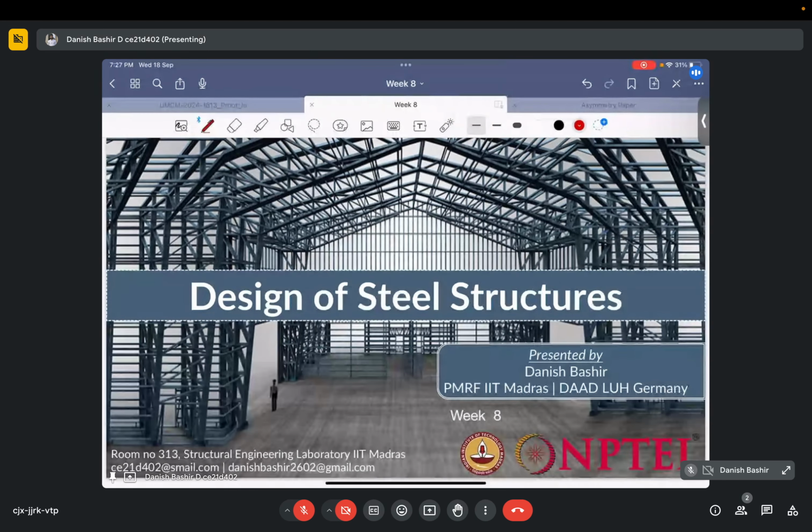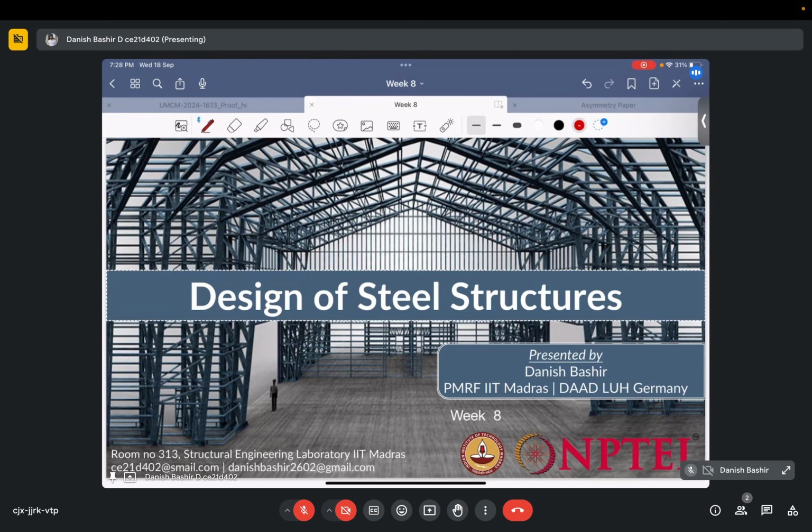In the last couple of sessions, we saw compression members and their design, where we solved some design problems regarding compression members. Now, there was one topic left in bolted connections. I missed it when we were taking the sessions on bolted connections.